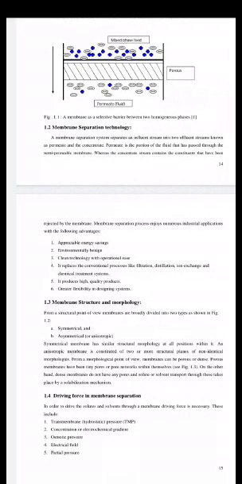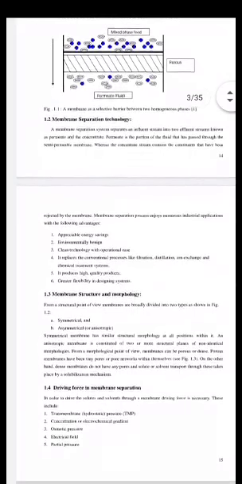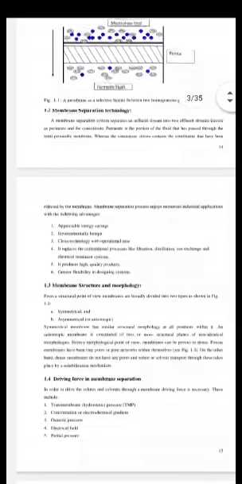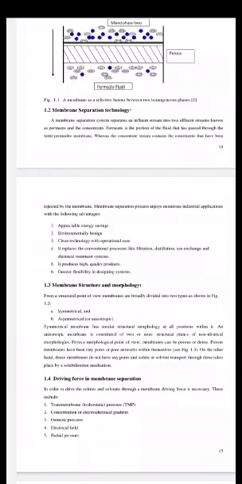But simultaneously, a few disadvantages are that the handling capacity is very poor. But this technique is very flexible in design. It produces very high quality products. So it may replace processes like filtration, distillation, ion exchange, and chemical treatment systems.